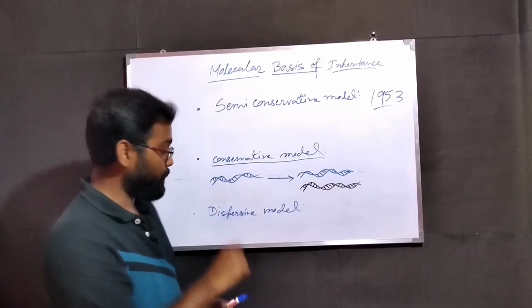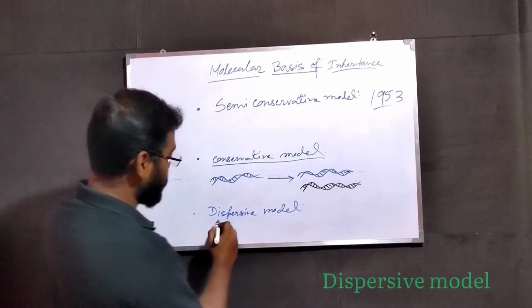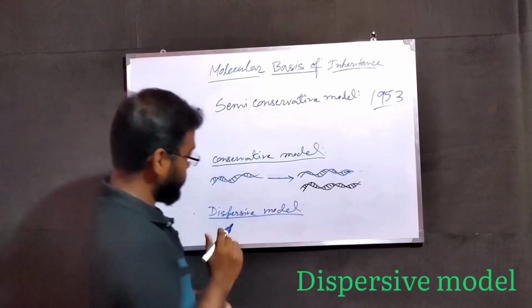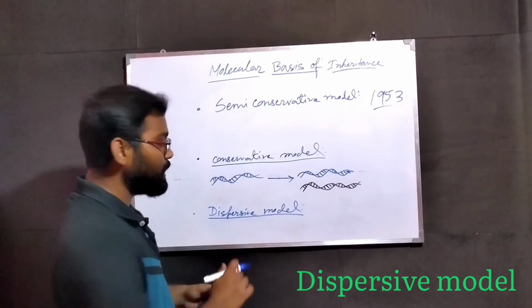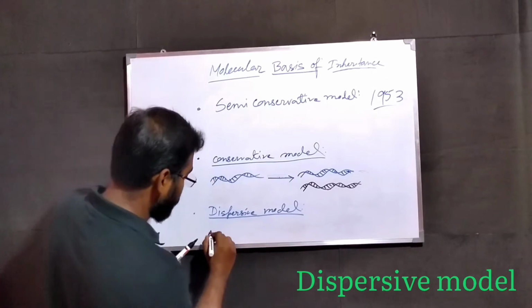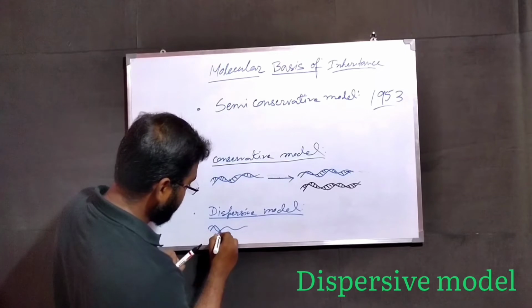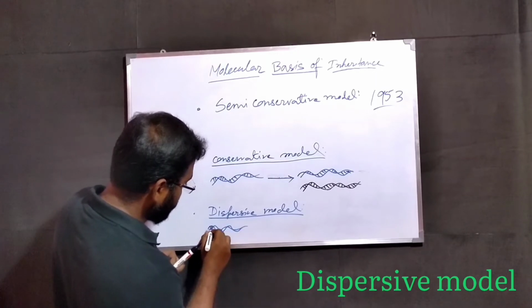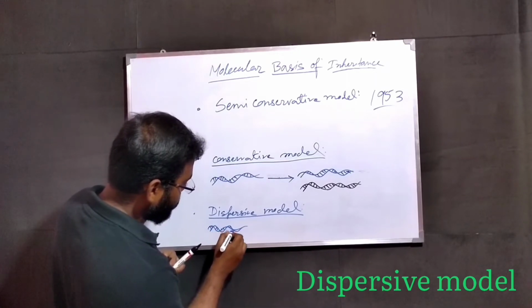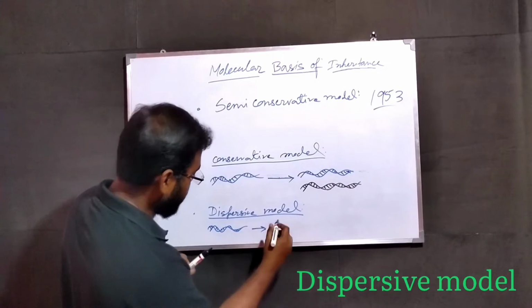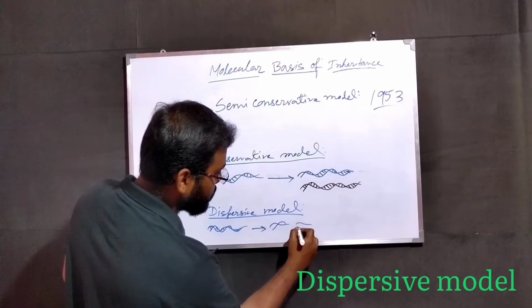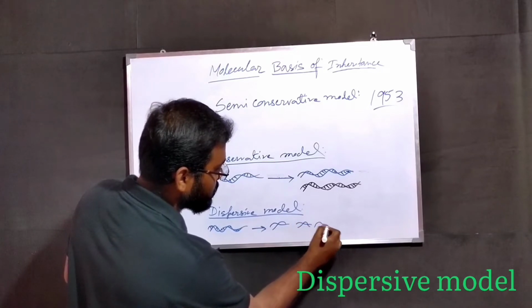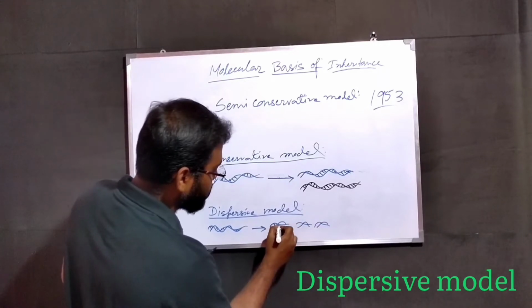And now dispersive. According to this dispersive model, DNA would get cut into many pieces.